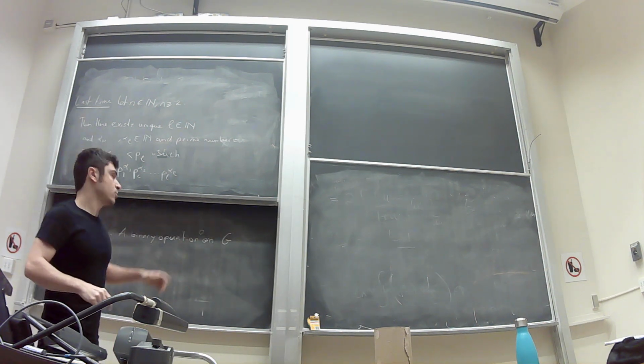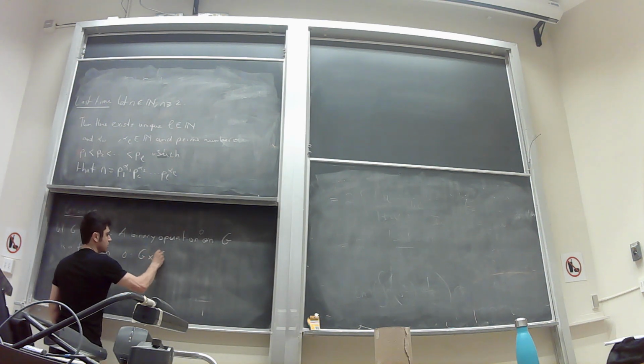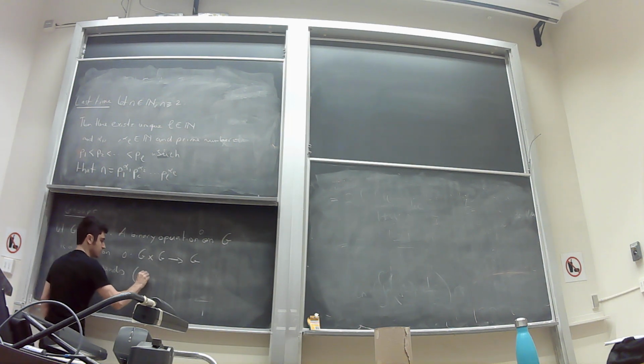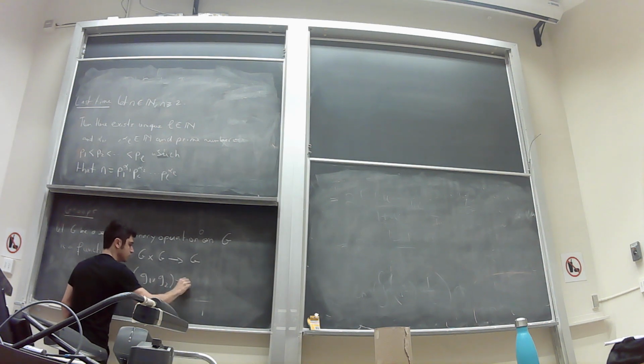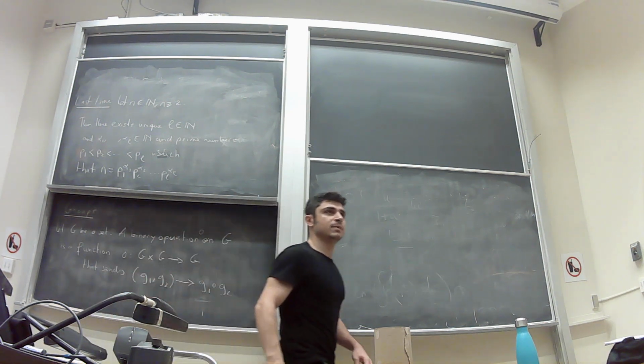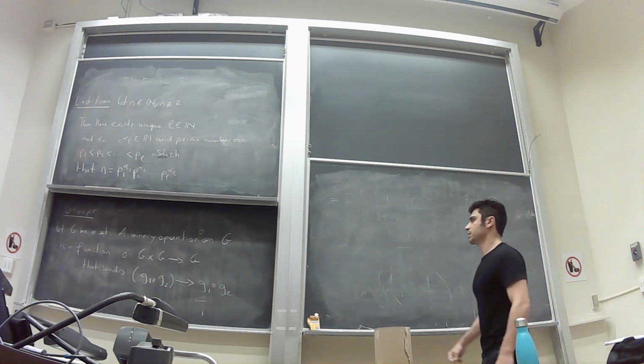A binary operation circle is a function from G cross G to G that sends a pair G1, G2 to its image that we denote G1 circle G2. Okay, that's a binary operation. That's a definition. It's a function from G cross G to G. This is how we'll define a binary operation.